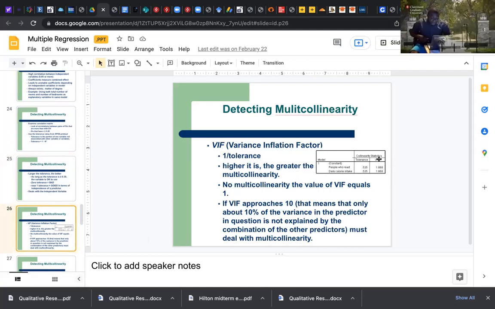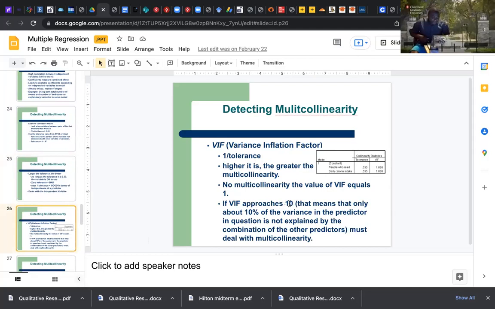The variance inflation factor, VIF, and the tolerance level here is 0.5. One over tolerance is VIF, so the higher it is, the greater the multicollinearity. With no multicollinearity, the value equals 1.